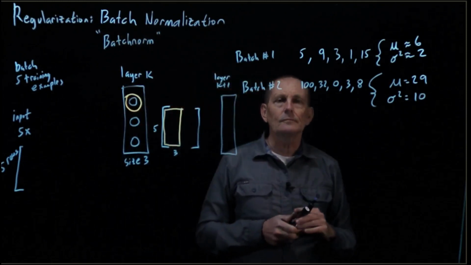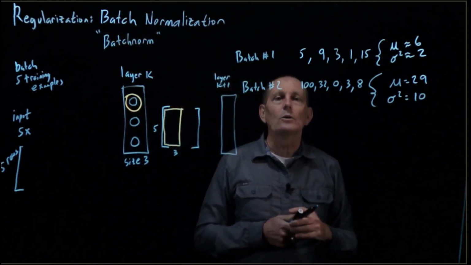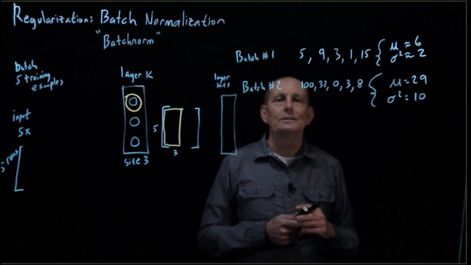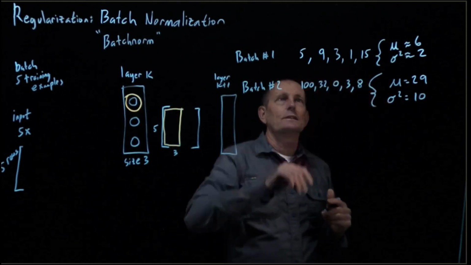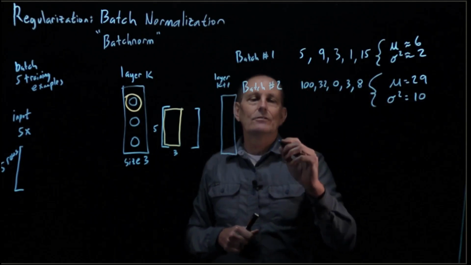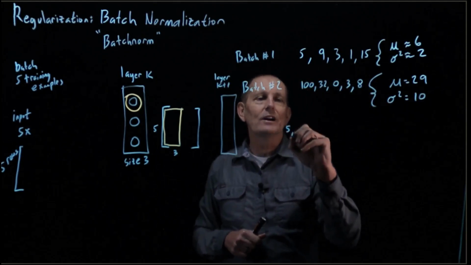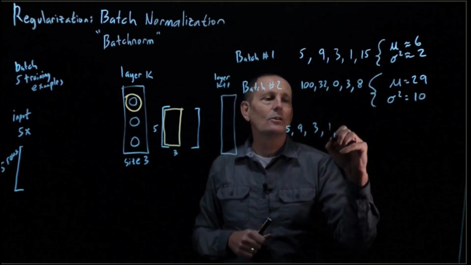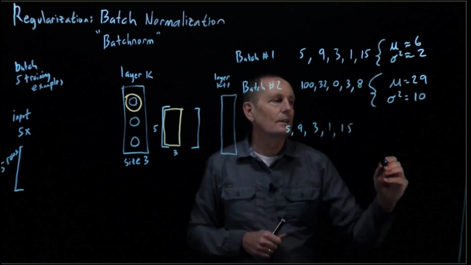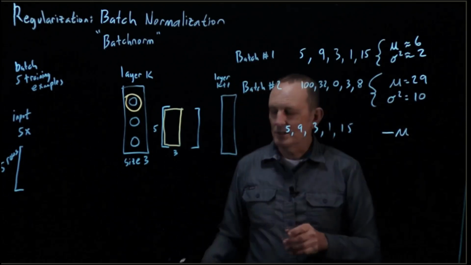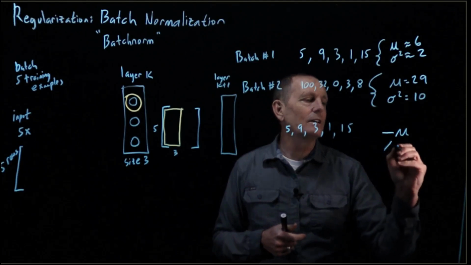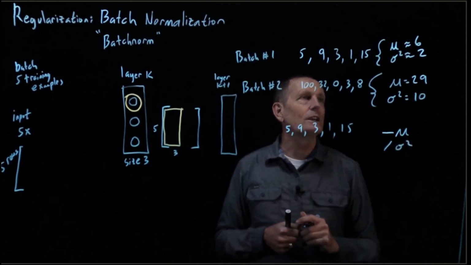So we know how we would go ahead and normalize this. For batch 1, we would take 5, 9, 3, 1, and 15, then subtract the mean and divide by the standard deviation.